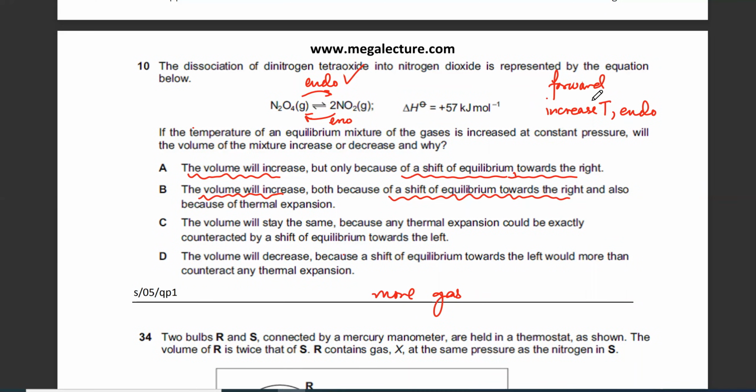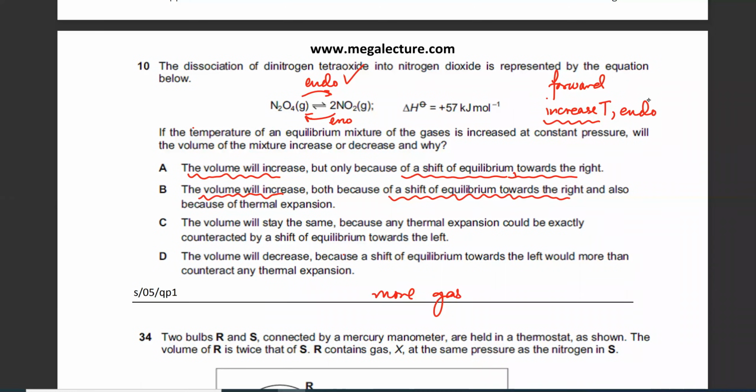So when you increase temperature, what happens to the volume of gas? Forget equilibrium. What happens if you have a gas and you've increased temperature? Is it going to expand or is it going to contract? It's going to expand.